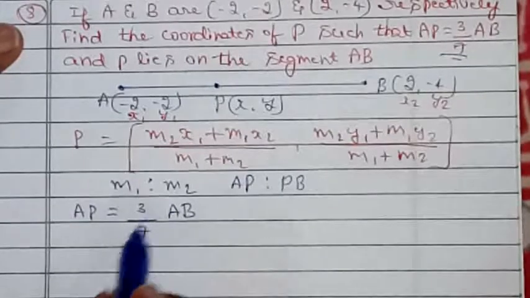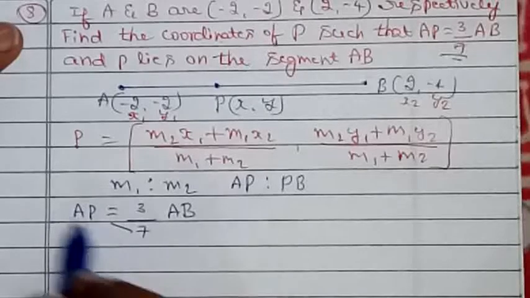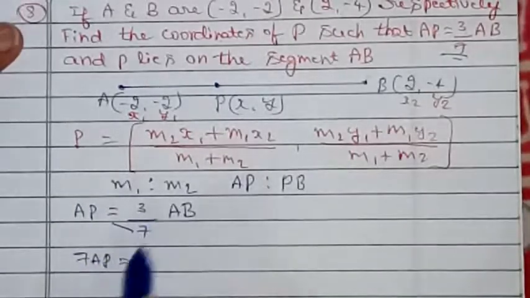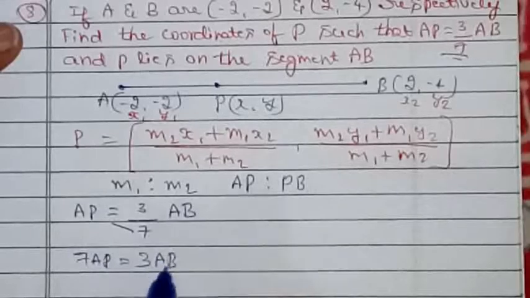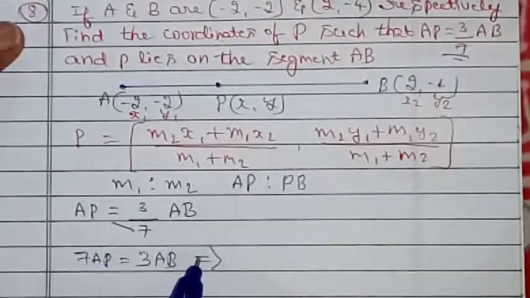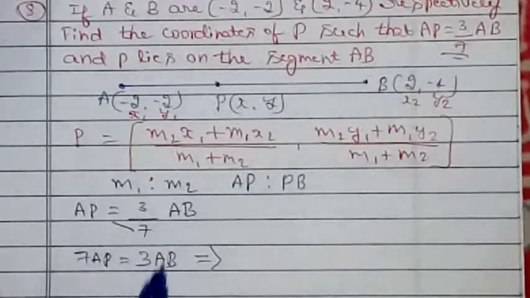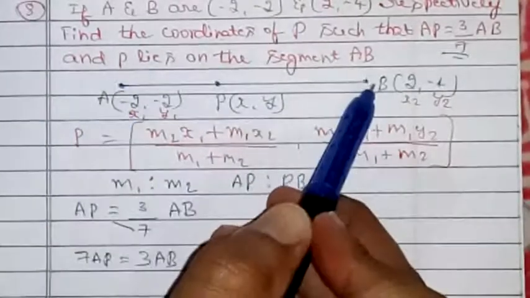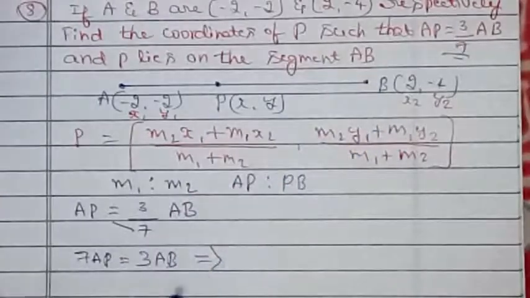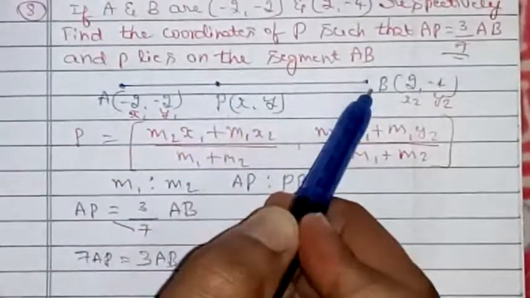So just cross multiply here, right? Now 7 into AP is 7 AP, equal to the remaining 3 AB. Now just observe this line segment here. Instead of AB, I'll write AP plus PB, children.